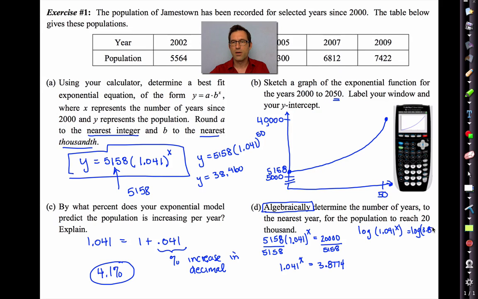Uh-oh. All right, so that number should go in there. Now, the whole reason I'm going to do that is that I have the log law that says that then the x can come out front. And I'll get x times the log of 1.041 equals the log of 3.8774. Now I can divide both sides, and I'll simply get x equals the log of 3.8774 divided by the log of 1.041.